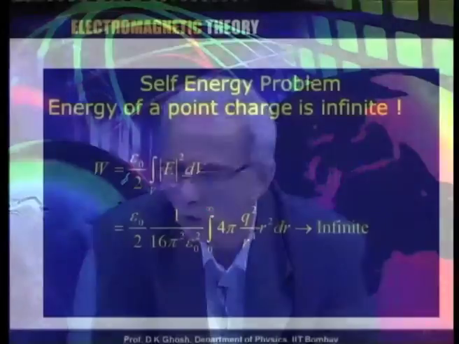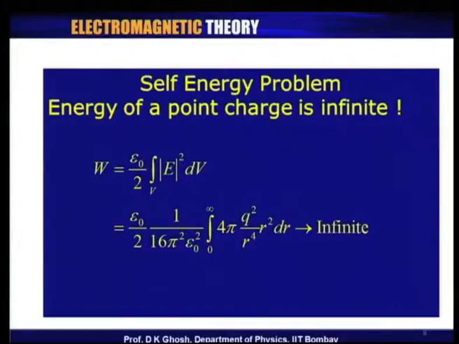The energy could be both positive and negative. For example, supposing I am putting one charge at one position and an opposite charge in another position, the potential energy is negative. But this being an integral over the square of the electric field, it is always positive. Now, the problem has its resolution, which we will be talking about a little later, because when we took the point charge, we assumed that no work was done in making a point charge.